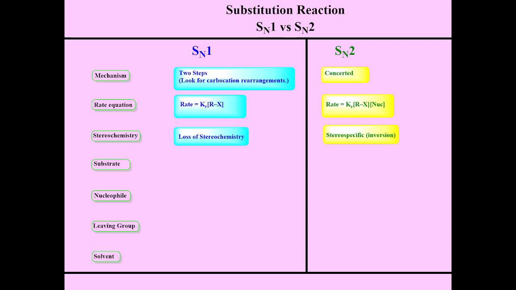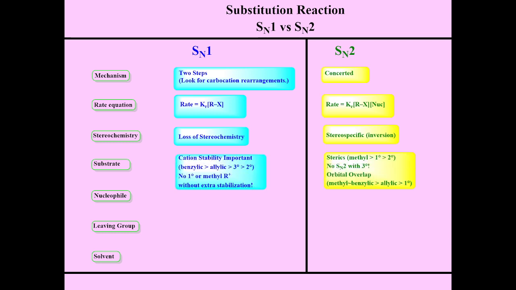Whereas in SN2 we get inversion of the stereochemistry, as the nucleophile attacks from the back end while the leaving group departs. So in SN2 inversion of configuration occurs, whereas in SN1 there is racemization in the product stereochemistry. Next comes the substrate.